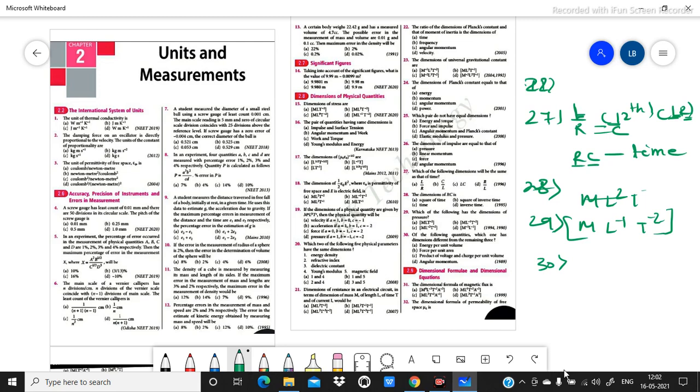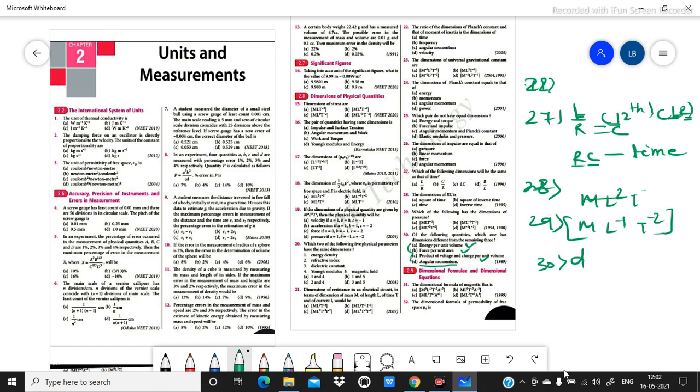After finding out, I found that angular momentum has a dimension different from the others, whereas energy per unit volume, force per unit area, and product of voltage and charge per unit volume have the same dimension. That means after analysis I can say three are having the same dimension and D is having a different dimension.